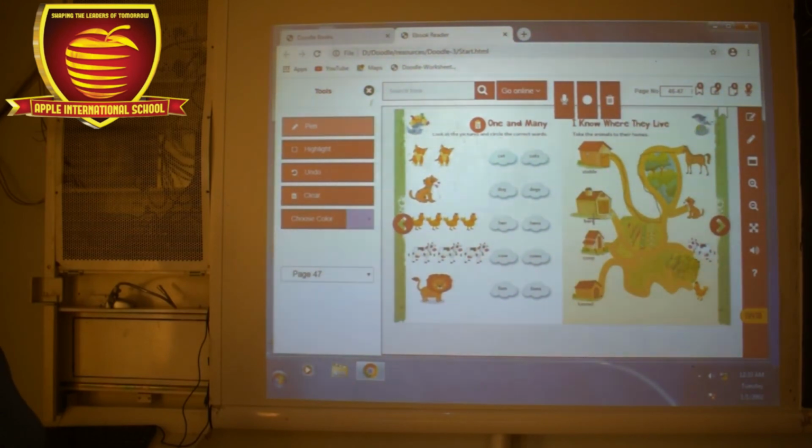Next, BARN, barn. Who lives in barn? Cow. So take the cow in barn. Clear? Next is coop, COOP, coop. Who lives in a coop? Hen.